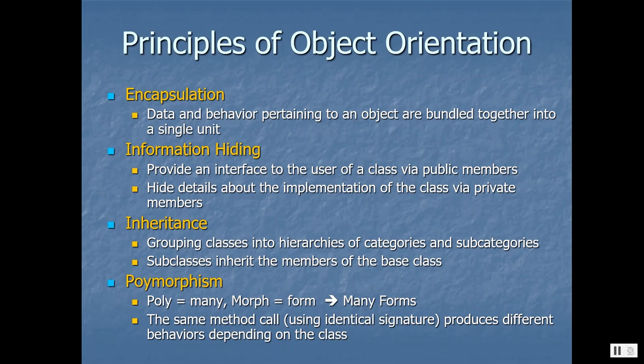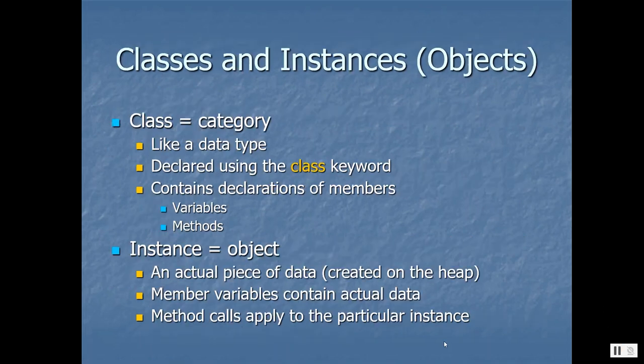This is often called method overriding, not to be confused with overloading, which had to do with the same method name but different parameters. We're not going to get to inheritance and polymorphism right away, but we are certainly going to see encapsulation and information hiding as we progress through these slides.